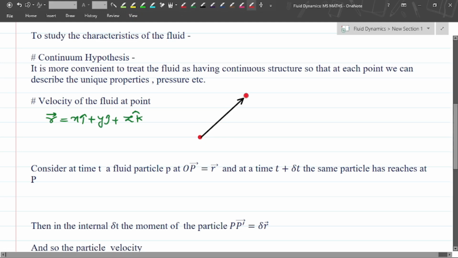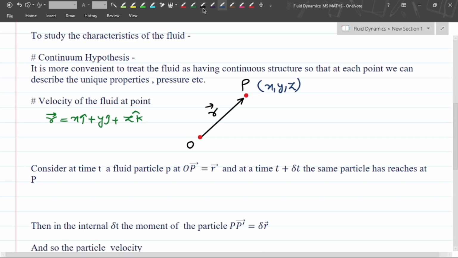So here is a point P, and it is O point. The position vector is r vector, OP. Because r vector is a position vector, the coordinates of P will be x, y and z.